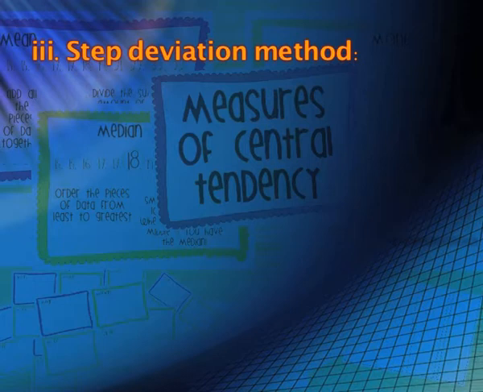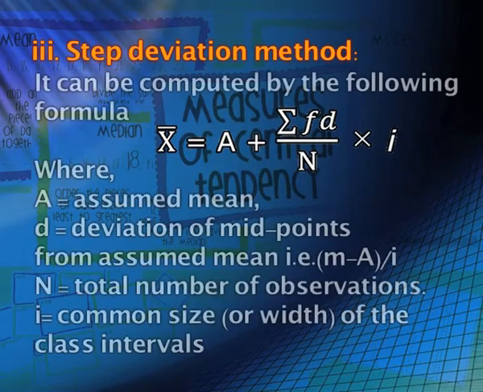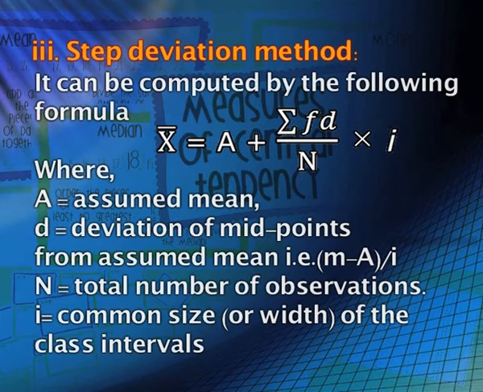It can be computed by the formula x bar is equal to a plus sigma fd' divided by n into i. Here a is the assumed mean, d' is the deviation of the midpoints from the assumed mean, that is m minus a by i, n is the total number of observations, and i is the common size, or we can say width, of the class interval.